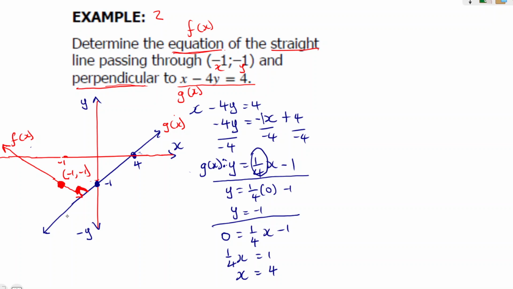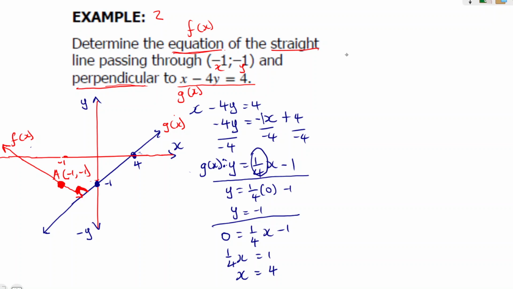So we want to find the equation of this line. The only thing we know about this line is this point. Let's call it point A, for example. This line is passing through point A, perpendicular to g of x. Let's first find the gradient of this line. How are we going to find the gradient if we don't have 2 points on this line?